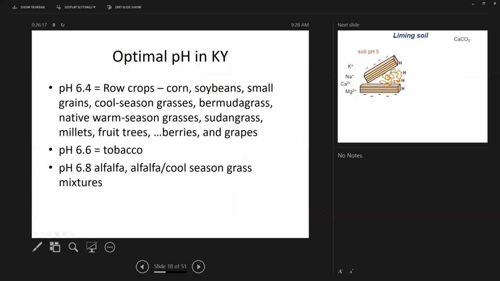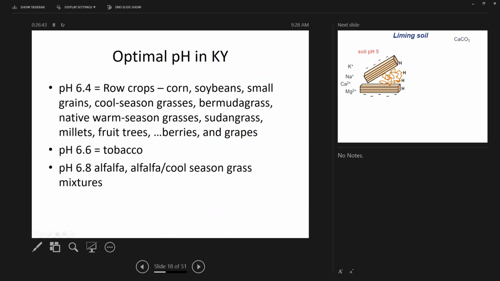So what's our optimal pH? If you keep it somewhere around 6.5, we'll be honest with you, you're good. If you're above 6.2 for most crops, you're pretty good. Might want to consider liming. But our official recommendations say 6.4 for pretty much everything we grow, row crop wise, grass wise, except for tobacco.